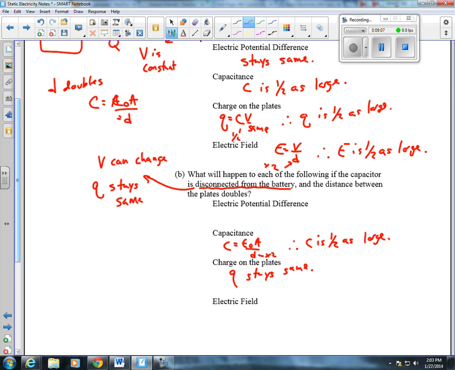Now the electric potential difference, we have this equation, Q equals CV. If I rearrange it for the potential difference V, it's V equals Q over C. Q stayed the same, and C is half as big. If it's a half on the bottom, that means the voltage is going to double.